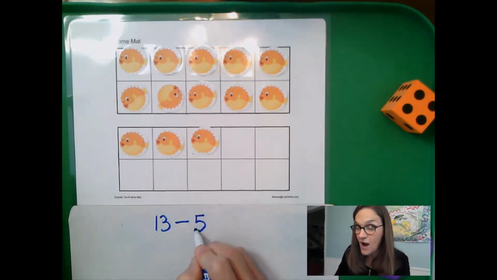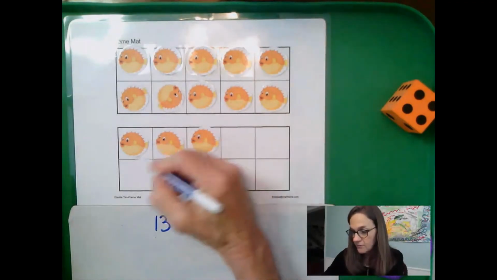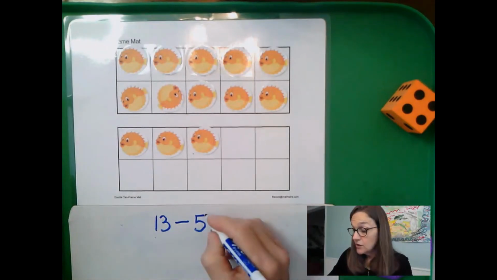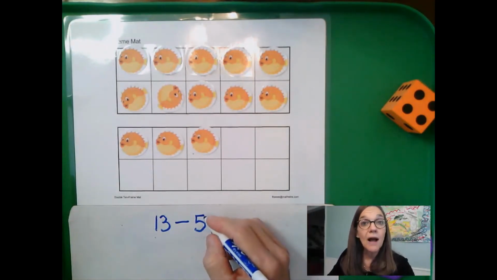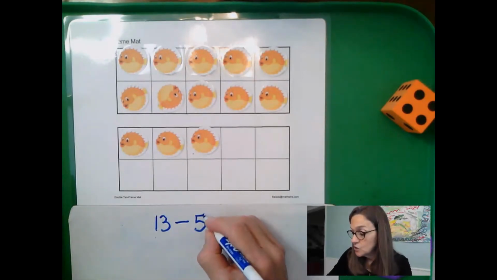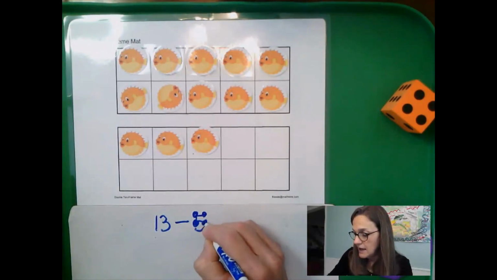Minus means away, or counting backwards on the number line. How many were left? Okay, well, there are several ways you can work this out. Drawing a picture is always good, and then you can cross off objects, except we don't always have time to draw pictures. You can count backwards by counting dots, and we've talked about dots on numbers before, so we would say 13, 12, 11, 10, 9, 8.